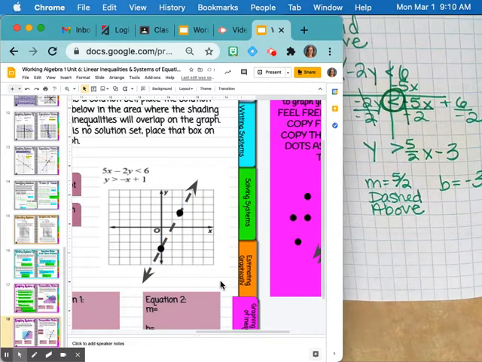Okay. Kind of tricky to get it in there the right way. Okay, and then dashed and above. So do your polyline. So above, would that be more on the left or more on the right? On the left. Great job.